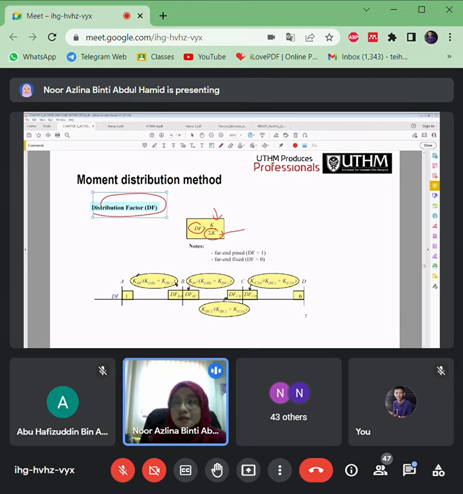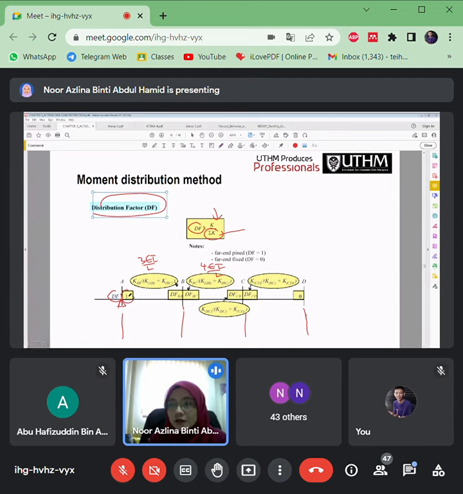Let's say the pin just now has stiffness 3EI divided by L. So this stiffness is 4EI divided by L. So that means this is its supports. So these are all columns, right? All of this support. So the distribution factor is K divided by total K.